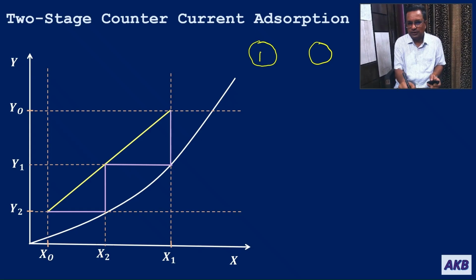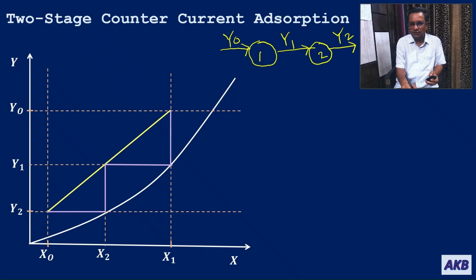So this is stage 1, this is stage 2. So the feed solution is entering stage 1, and I'm just showing the concentrations. The concentration in the liquid solution that comes out of stage 1 is Y1, and the concentration in the liquid solution that comes out of stage 2 is Y2.